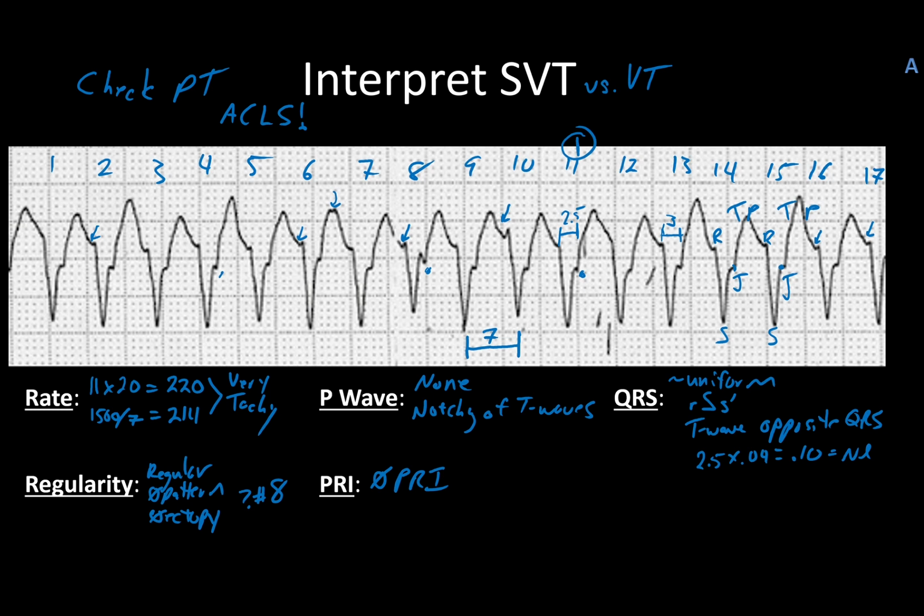And I think one of the bigger tricks is that your isoelectric line is right across here. And so that you're dealing with quite a bit of ST depression, which makes it look a lot further down or a lot wider than it actually is. So that is something to keep in mind.